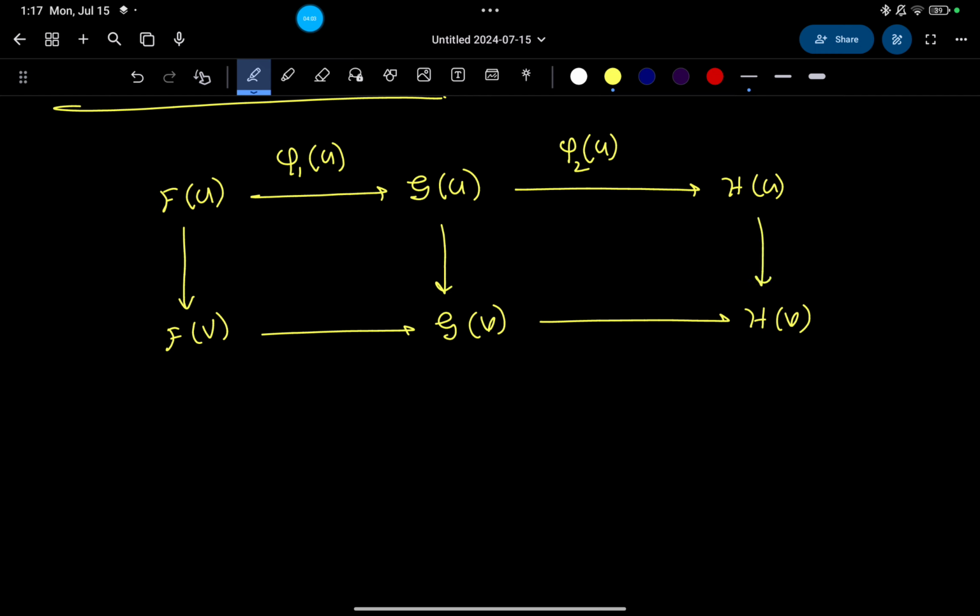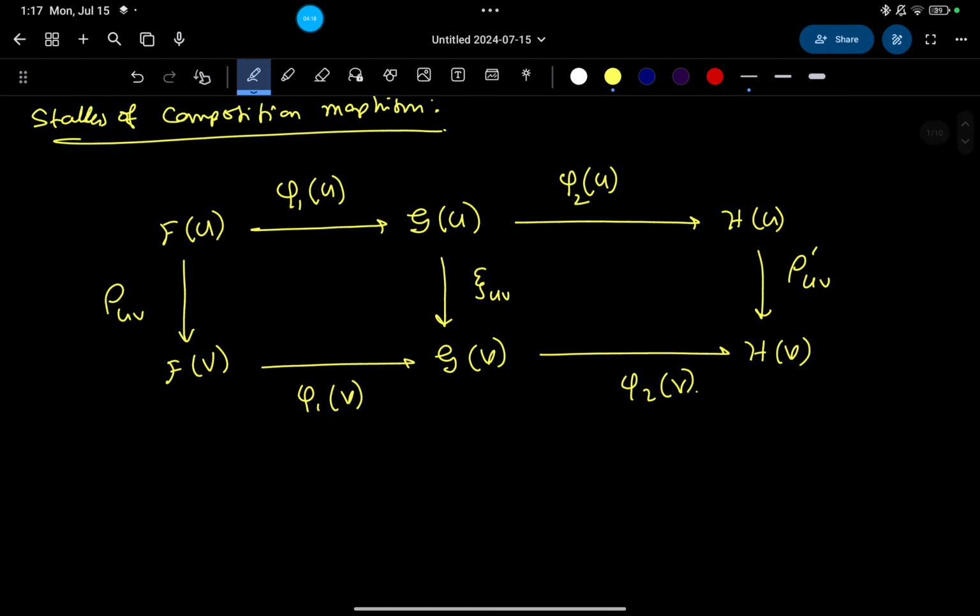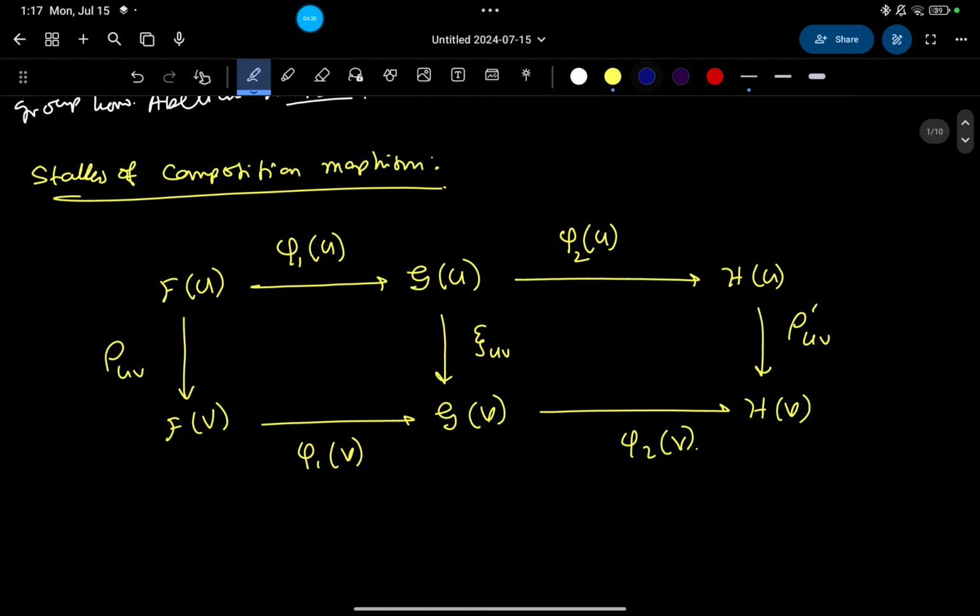So here to here, here to here: let's say these are rho_uv, theta_uv, rho dash, and here it is phi1 of v, phi2 of v.